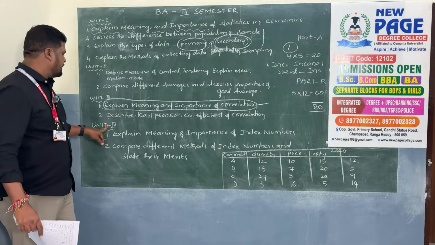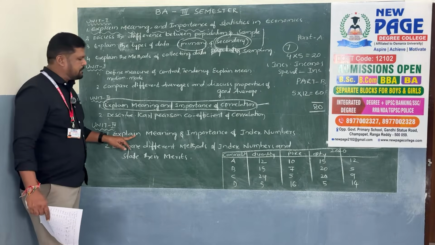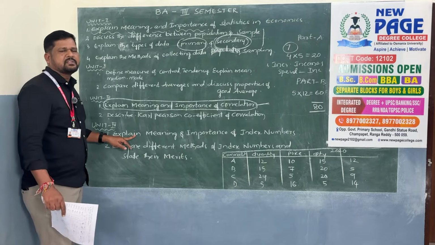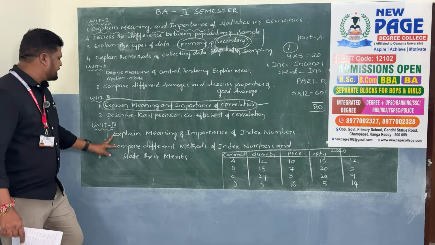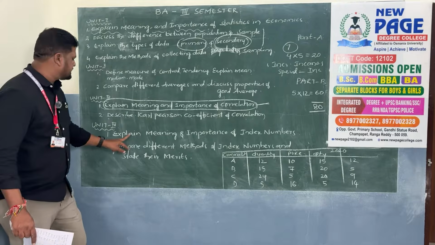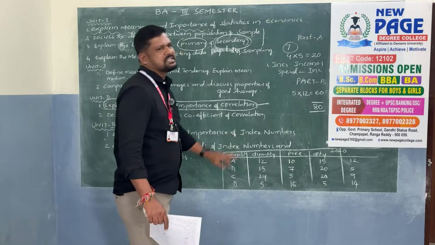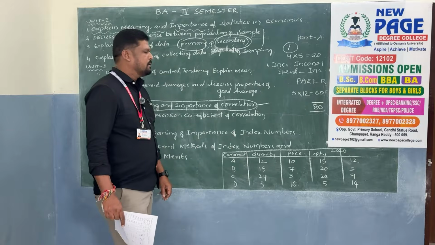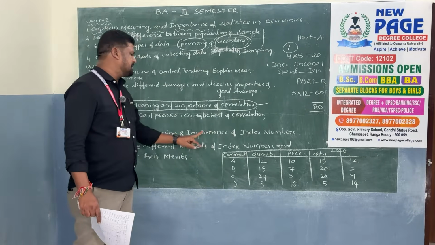In unit 4 also, one question will be a theory question and another question will be problematic. Theory questions are important questions. Explain meaning and importance of index numbers.